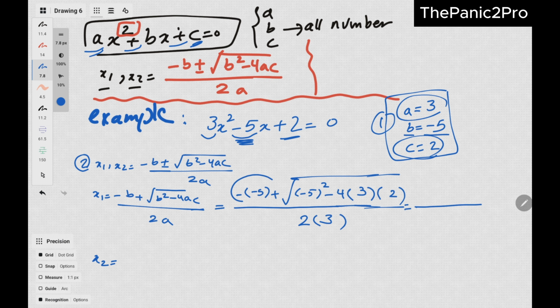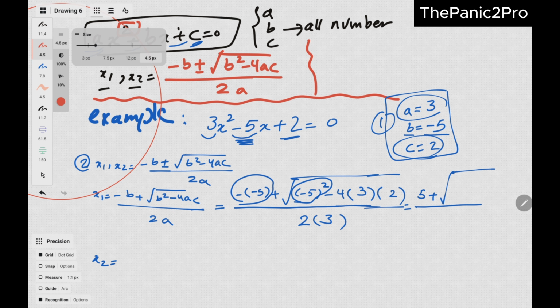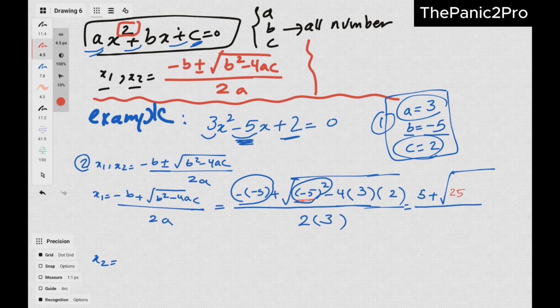Now let's just simplify that. Minus minus 5 is plus 5. Plus square root. This, let me change the color. This is 25, the same as 5 squared, or power of 2. And this is 4, 3, 2.